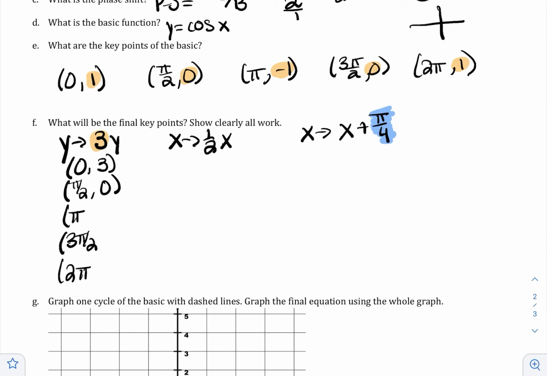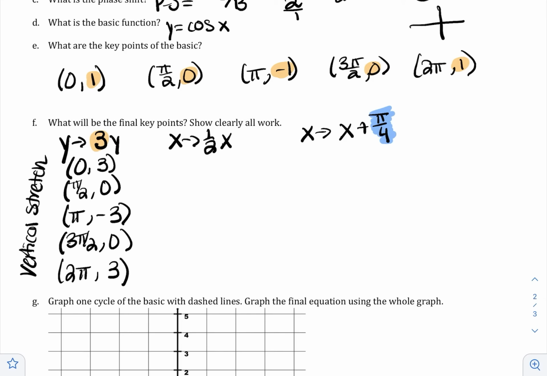Anything times 0 is 0. Then I get negative 3. This stays 0, and this changes to 3. Because I'm multiplying by a number greater than 1, this is a vertical stretch. So it's going to make the graph bigger up and down. There's no negative, so there's no reflection.